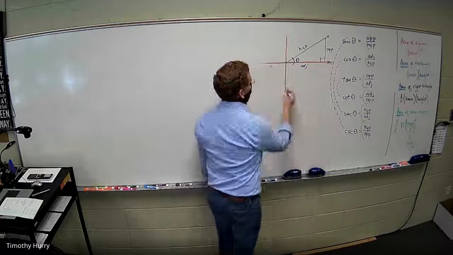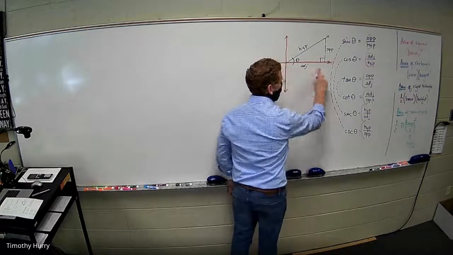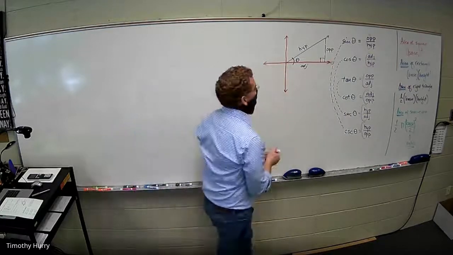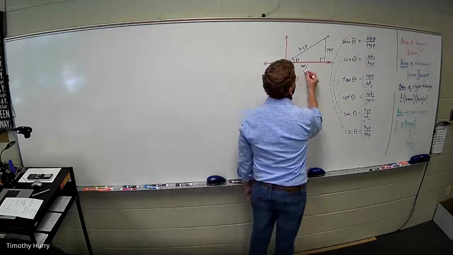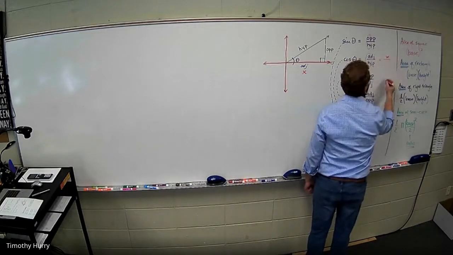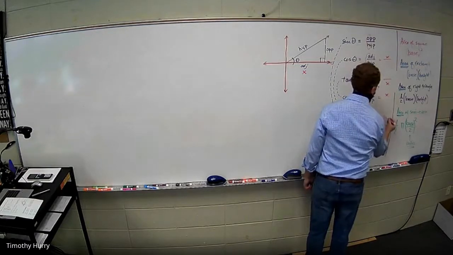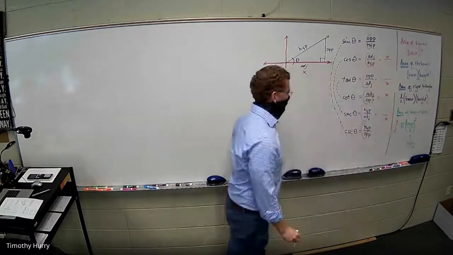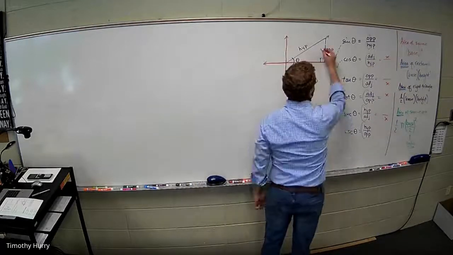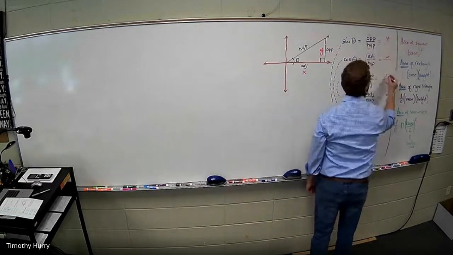So if the triangle was on an x and y axis, this adjacent movement would be like me moving along x. So anywhere I see an adjacent, I have to think x. And anything moving up, I need to think y. So this opposite, I need to be thinking y.